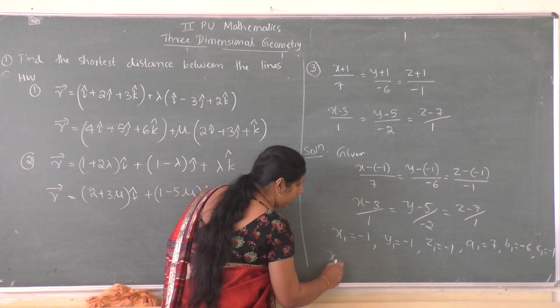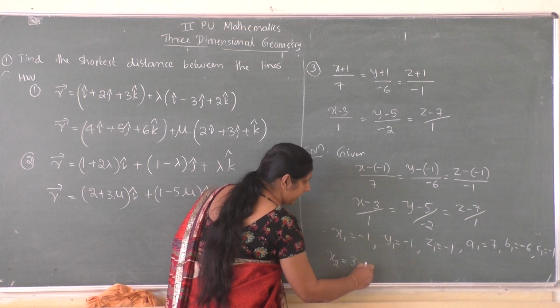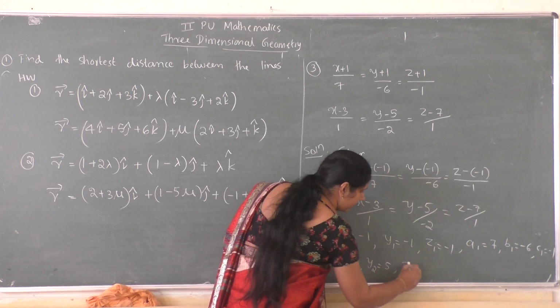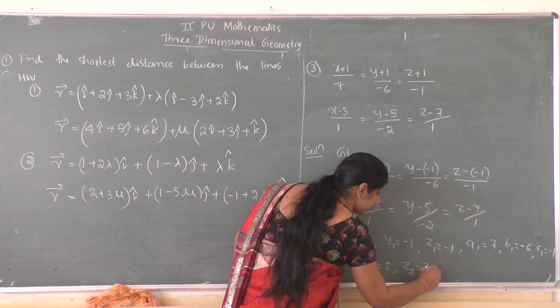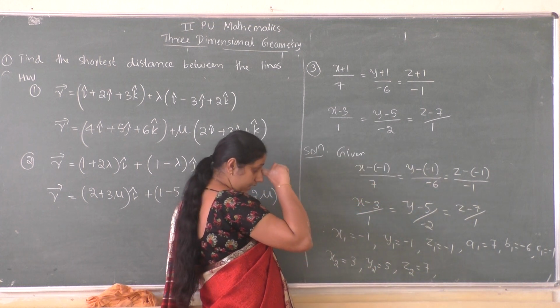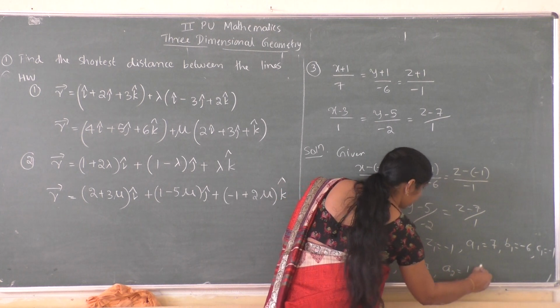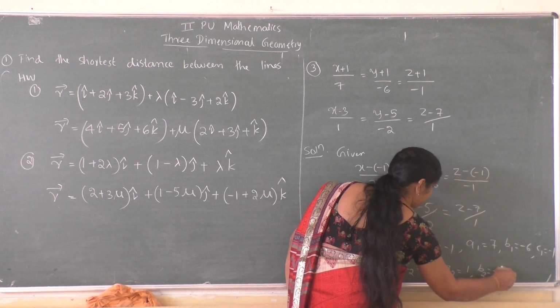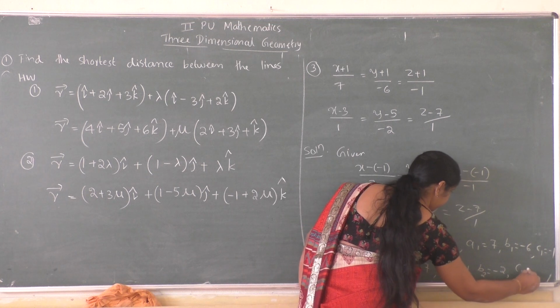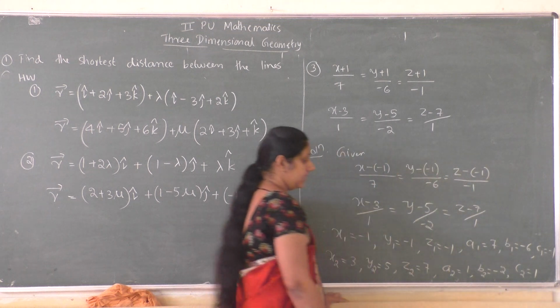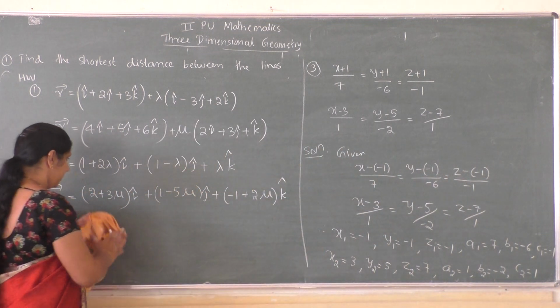Then we will get x2 is 3, y2 is 5, z2 is 7, and a2 is 1, b2 is minus 2 and c2 is 1. So these are the given data.